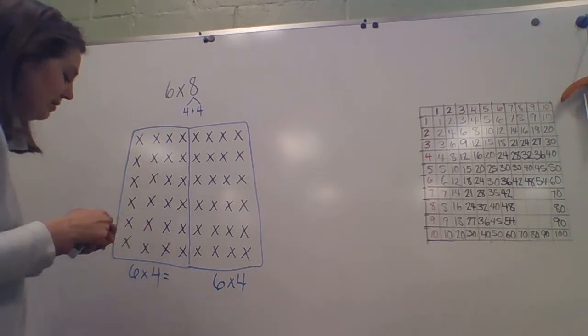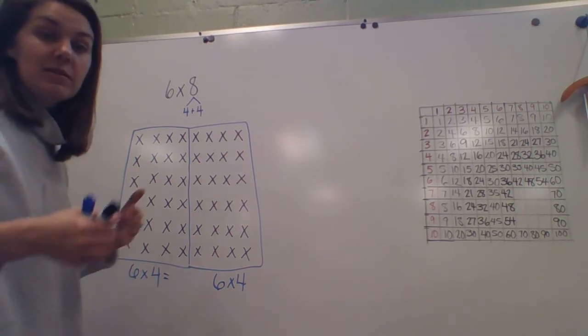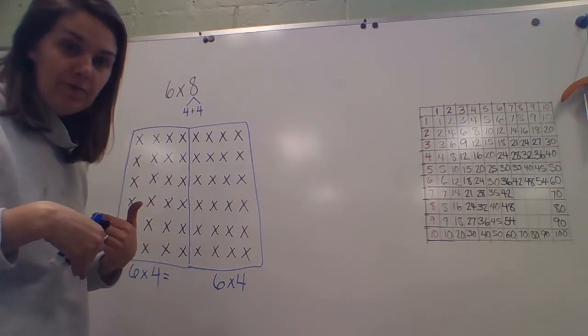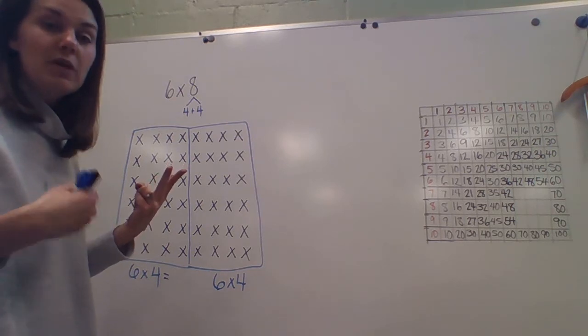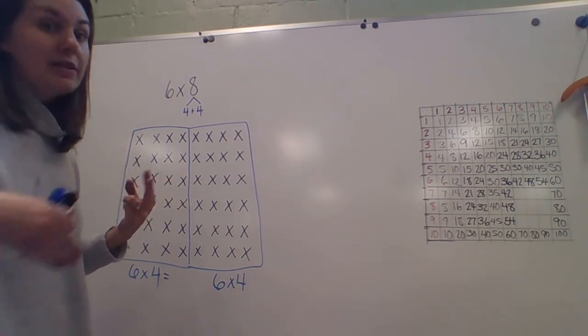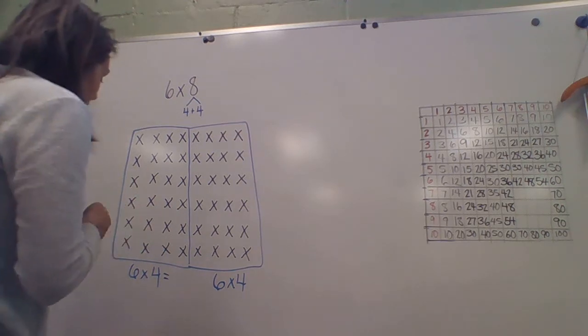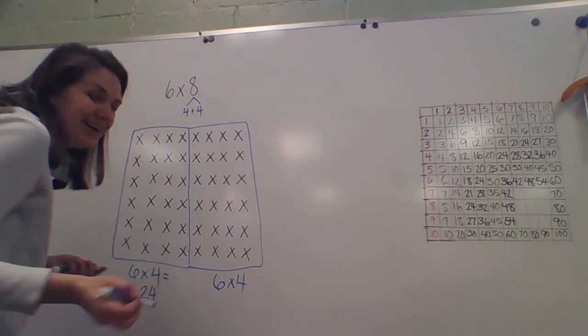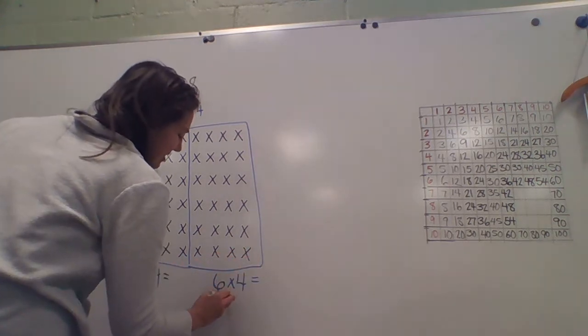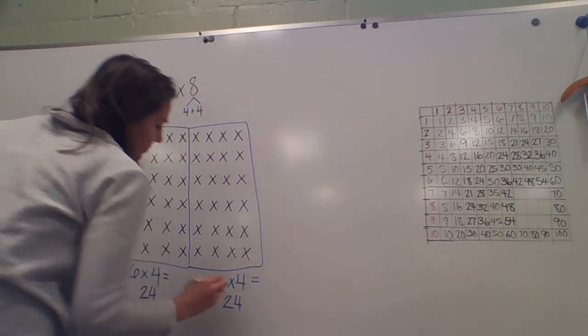So I'm going to go ahead and think about it: 6 doubled would be 12. I'm going to double my double. So 6 plus 6 would be like 6 2 times, and then I'm going to double that. So 12 plus 12 is going to get me 24. So I have 24 over here, but I can go ahead and write it twice because I have the same thing over here.